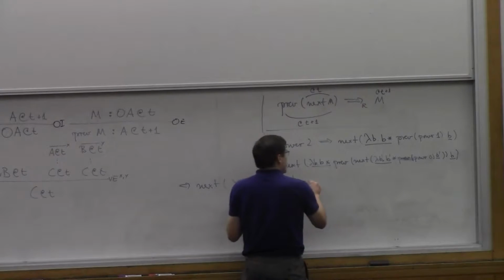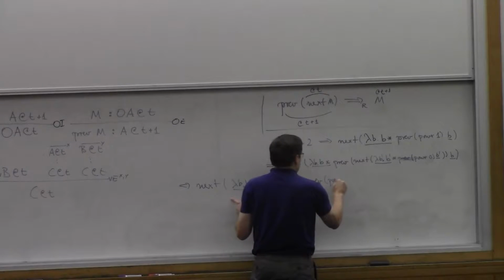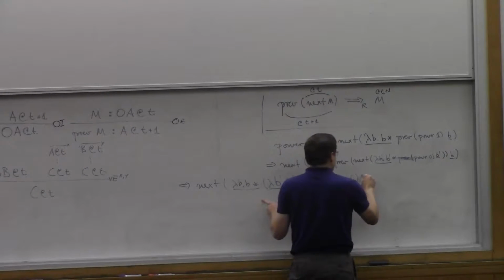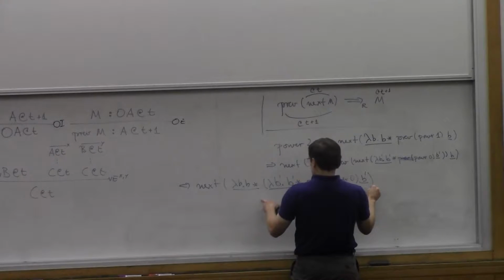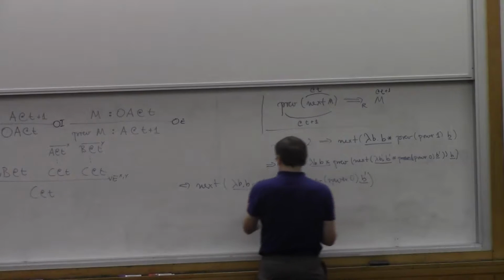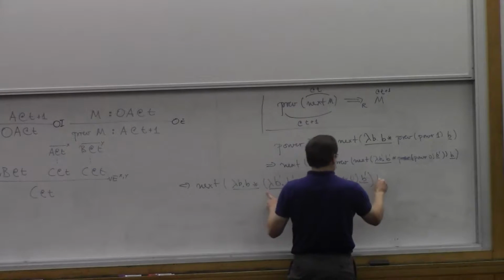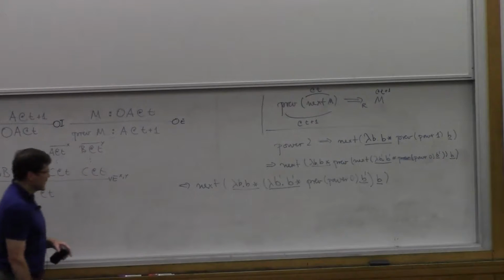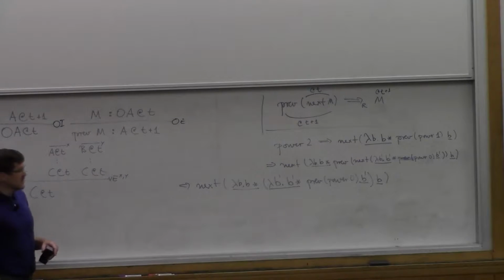And then here I still have prev of power of 0. This is applied to b prime, and then somewhere something is applied to b. Where is that? There? Like that. So that's what I get. Am I done? No, I'm not done yet.